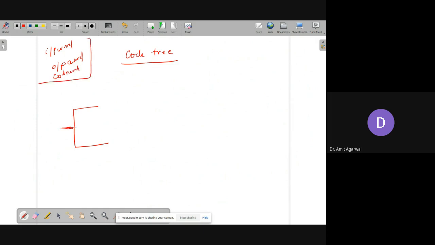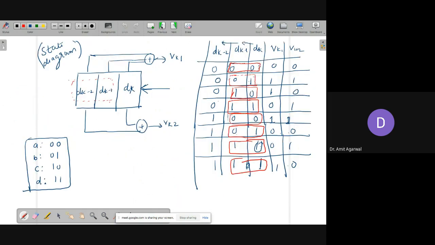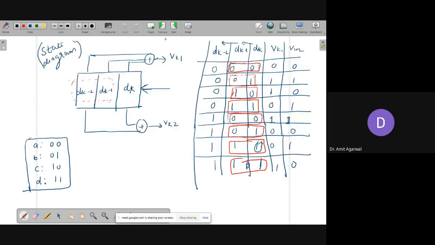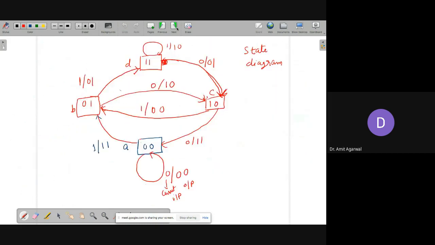In code tree, what happens? We start with 0. The fundamental is the same here. If 0 comes, the output is 0 0. If 1 comes, the output is 1 1.